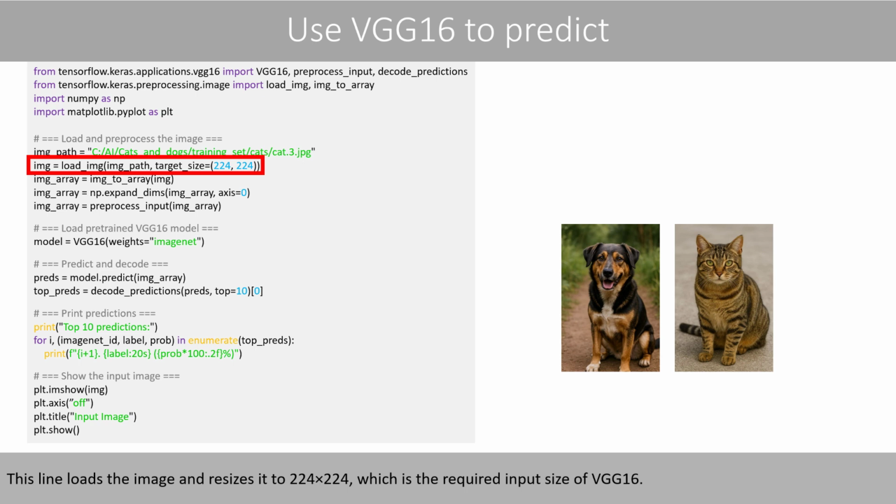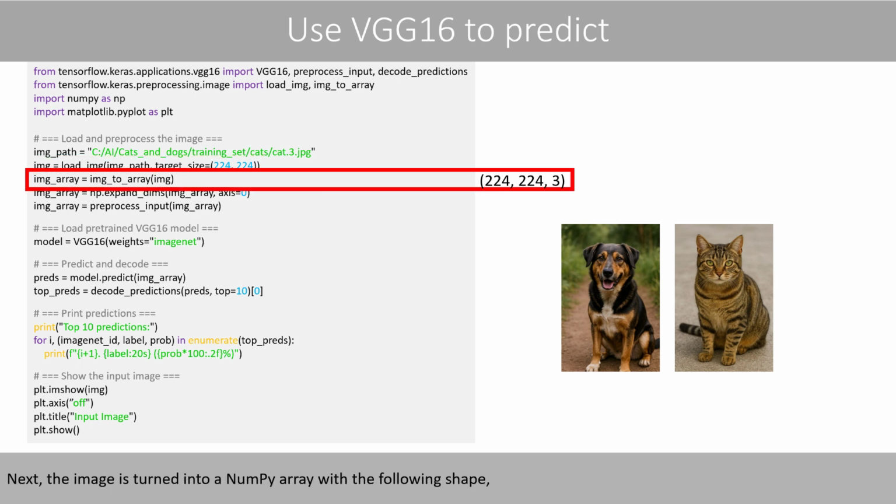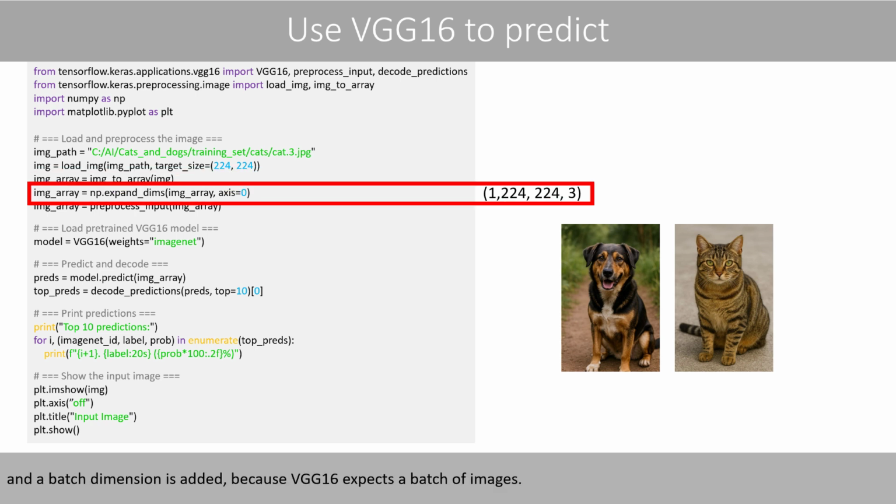This line loads the image and resizes it to 224 × 224, which is the required input size of VGG16. Next, the image is turned into a NumPy array with the following shape. And a batch dimension is added because VGG16 expects a batch of images.